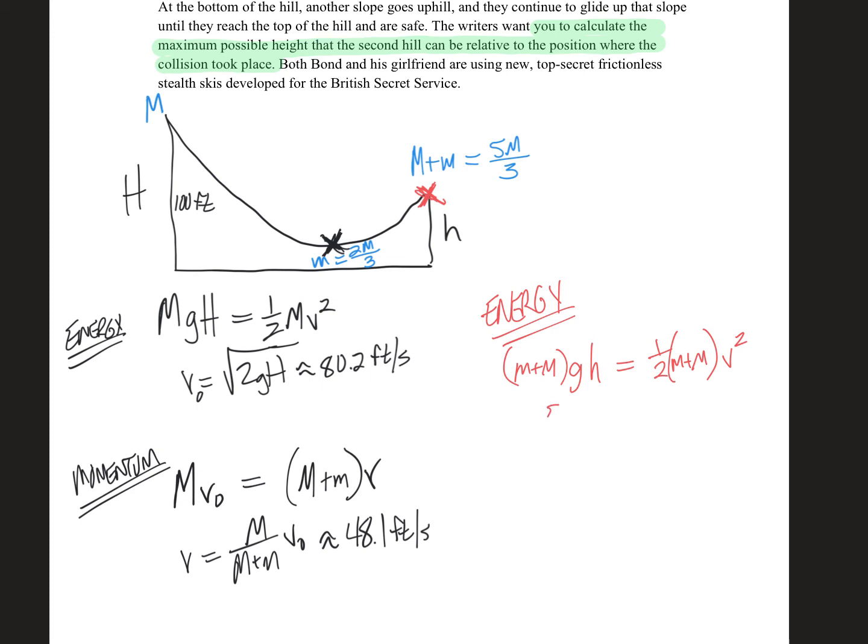With the masses being 5m over 3 on both sides, h is going to be v squared over 2g, which we've done before. All of this mass stuff, we didn't really need to do in this case. So 36 feet is what it's going to take for this to all work out smooth.